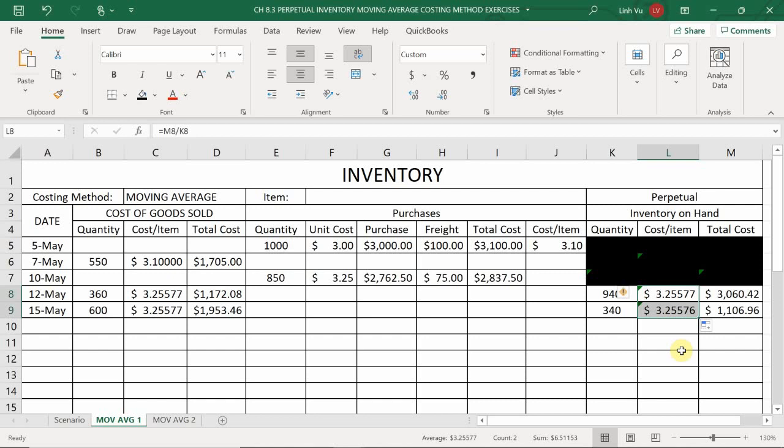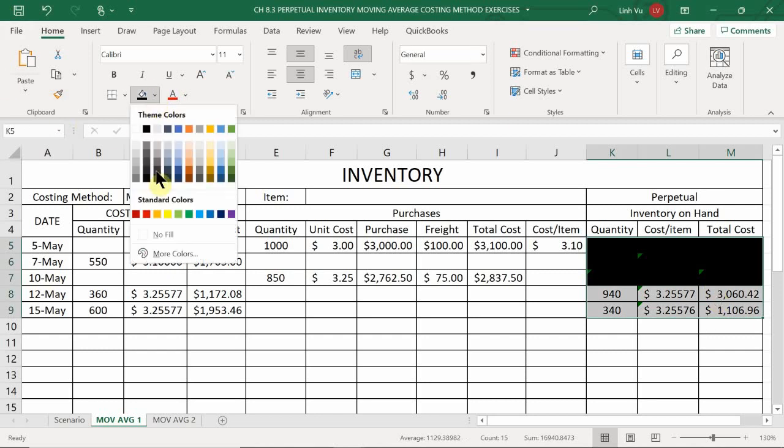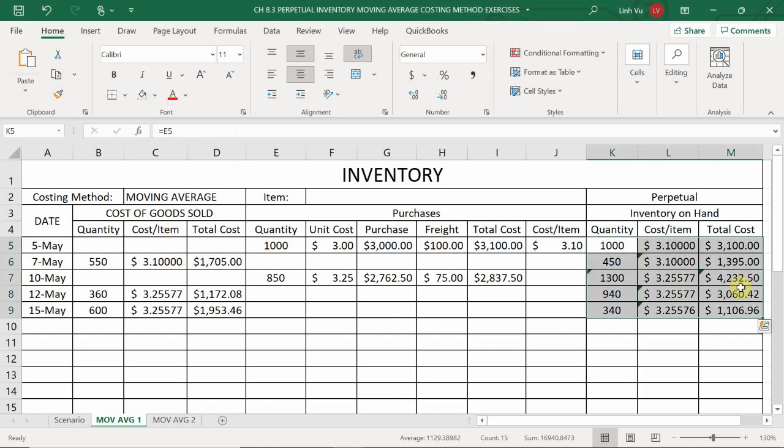Okay. So now that I have this, like I've mentioned before, if I unveil this, it's going to give me a run through of how my inventory worked, right? Here I started out with 1,000. I must have sold something, so now I'm at 450. I must have purchased something. Now I'm at 1,300. Then I sold something.